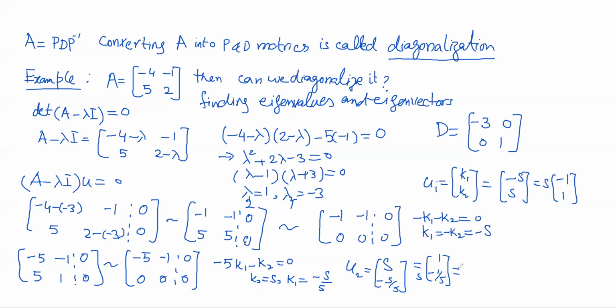So you can multiply this vector by 5, and that will be absorbed into the arbitrary constant. So instead, you can also write it like 5, minus 1.